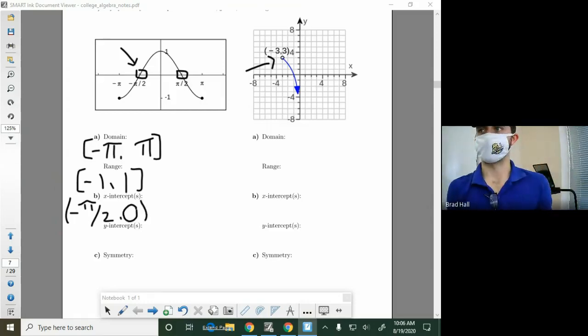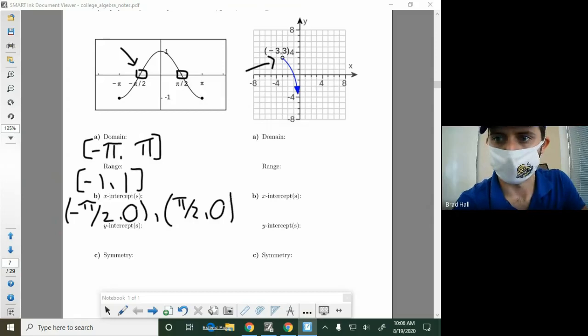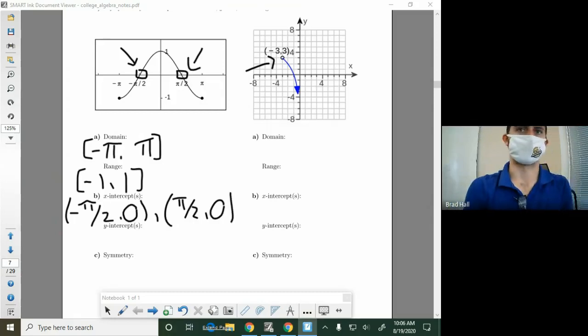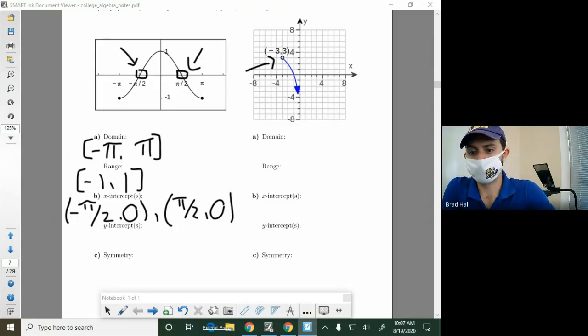And that makes sense because x-intercepts naturally have y equal to 0. That's an equivalent definition. And we also have positive pi over 2 with 0 for the rightmost point. So each point gets its own ordered pair. So those would be the x-intercepts.